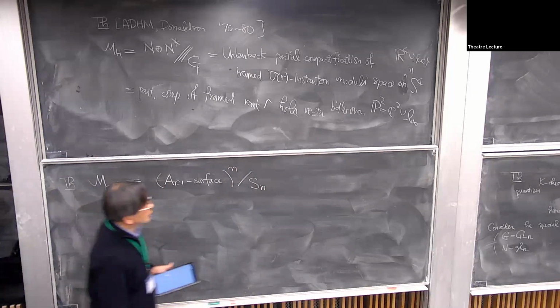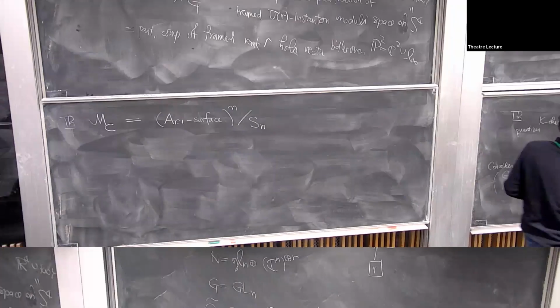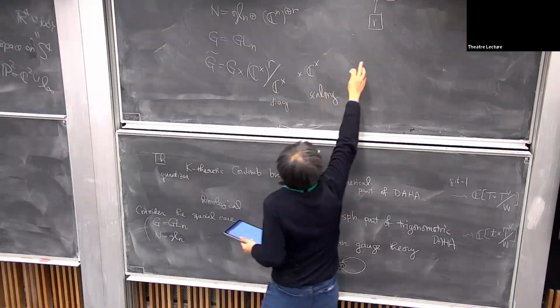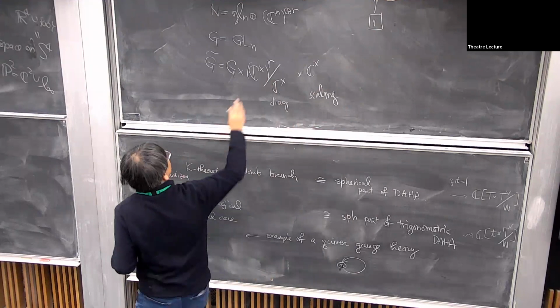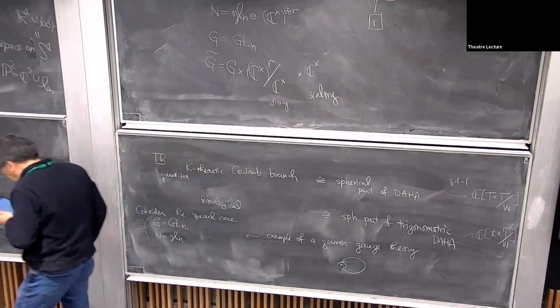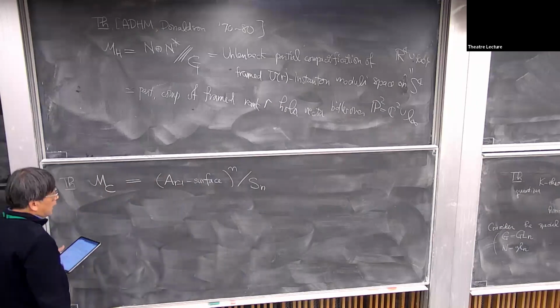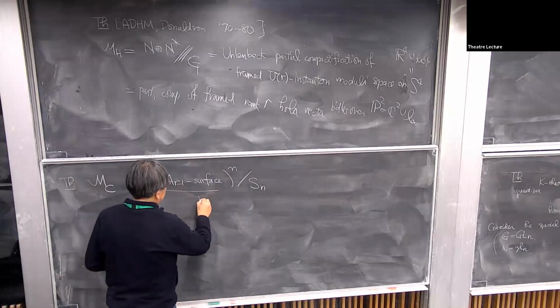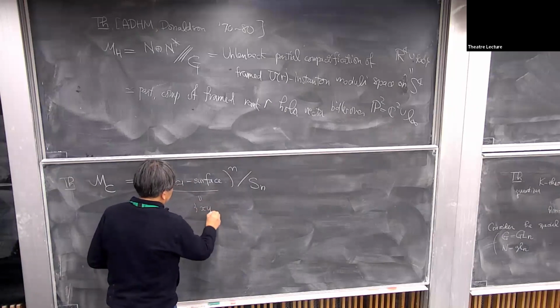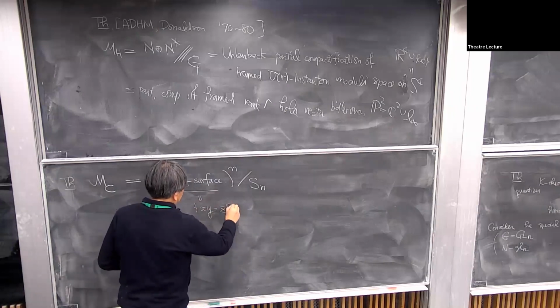So R is the dimension of the framing, and N is the dimension of the instanton. And the A_{R-1} surface is defined by XY = z^R.